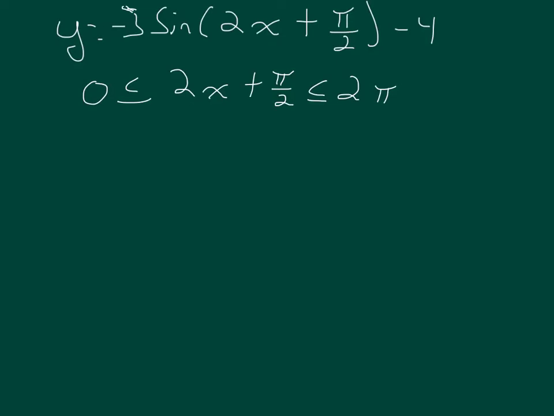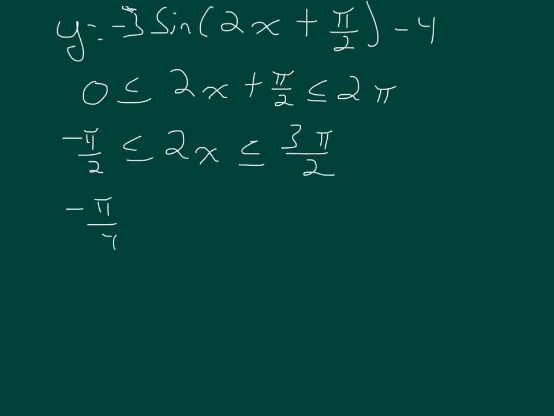So I'm going to subtract pi over 2 from both sides, leaving me with the 2x in the middle. Subtracting pi over 2 from 2 pi, I get 3 pi over 2. And then divided by 2, I get negative pi over 4. And then I have just my x in the middle, which is what I need, to 3 pi over 4. So my new domain now goes from negative pi over 4 to 3 pi over 4.